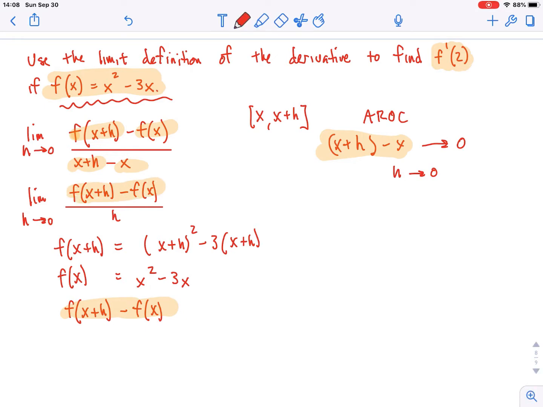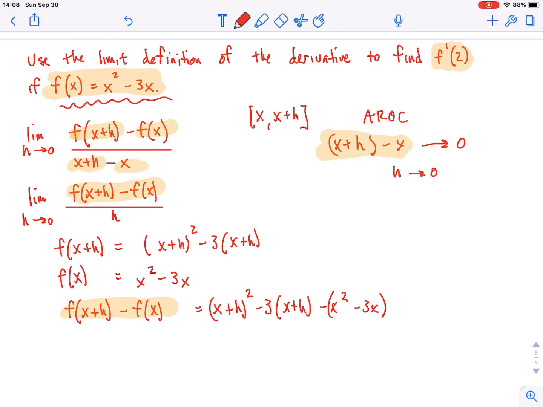So f of x plus h minus f of x is going to be the quantity of x plus h squared minus 3 times x plus h minus x squared minus 3x. Now, notice my use of parentheses here. If you're going to make a mistake in the beginning, this is what it's going to be.